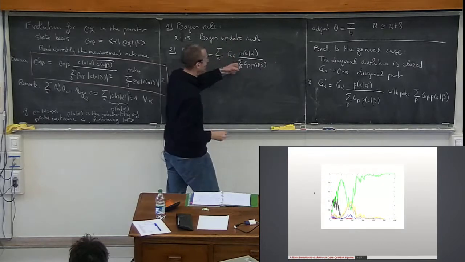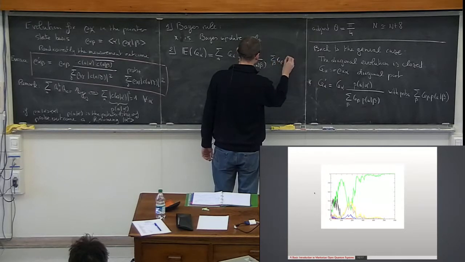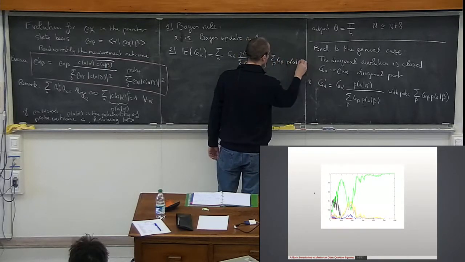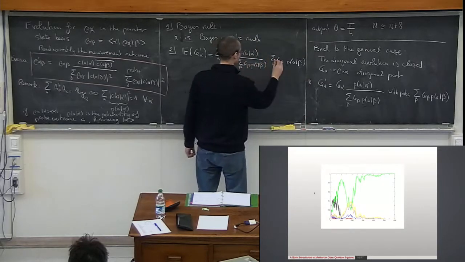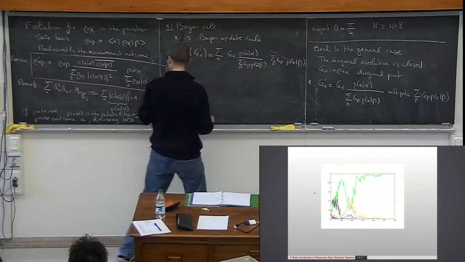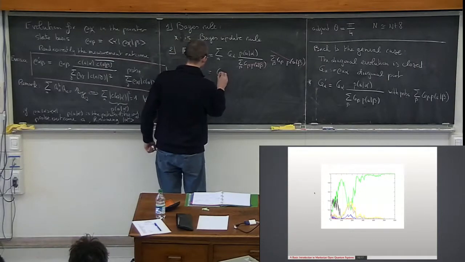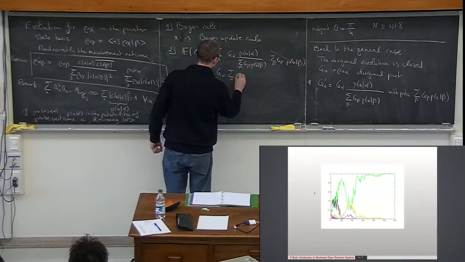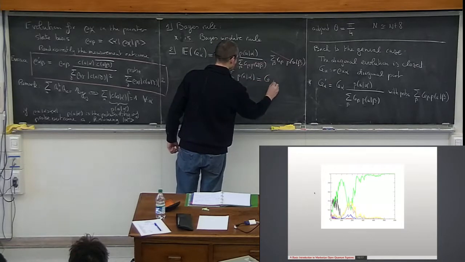This is my observable times its probability, so this is the sum over beta of Q beta, P of A given beta. This cancels with that. Now I have to sum over A, but this is a probability distribution, as I mentioned. So this is Q alpha times the sum over A of P of A given alpha, and this is just Q alpha.